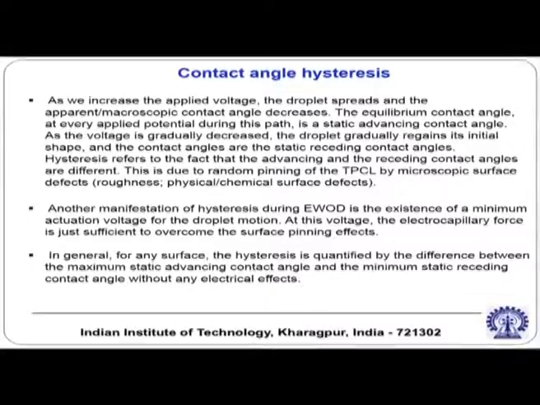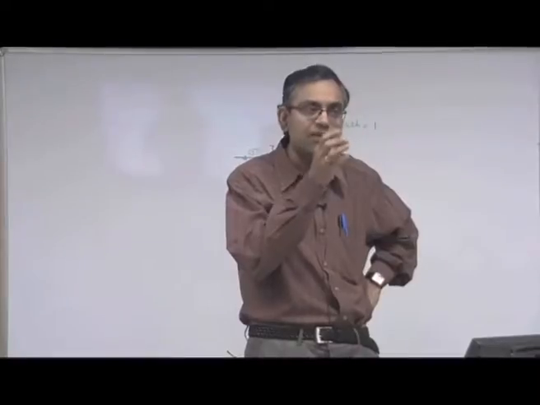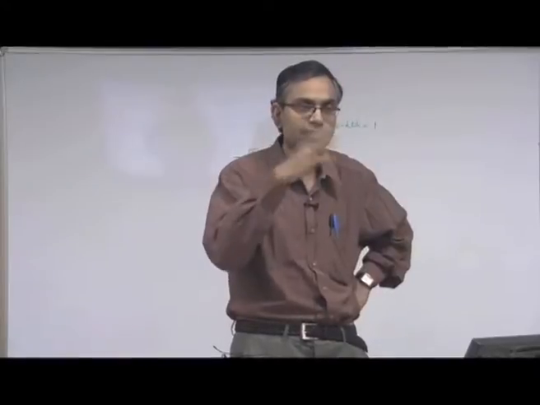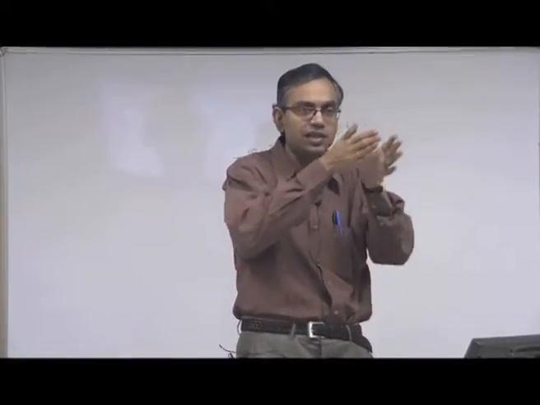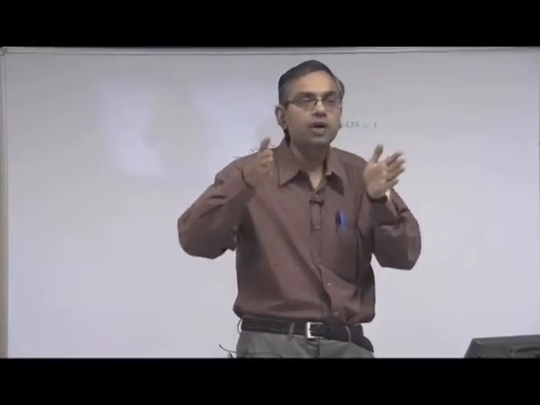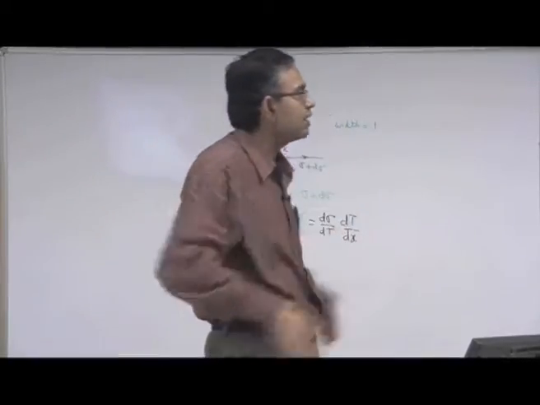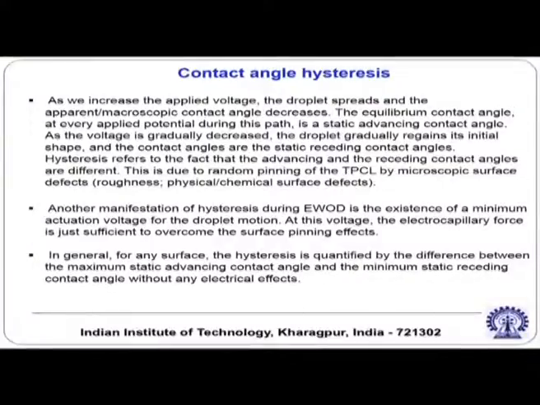If you assume that the droplet is spreading so slowly that each individual state in between is in local equilibrium, then it is a succession of static equilibrium configurations through which the droplet is going, and the contact angle is decreasing like that. As the voltage is gradually decreased, the droplet gradually regains its initial shape and the contact angles are the static receding contact angles.